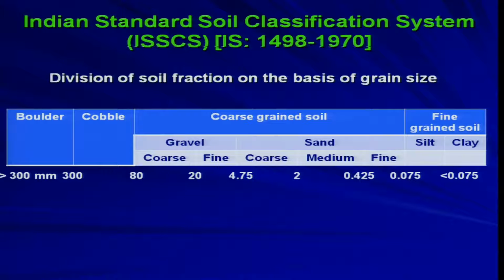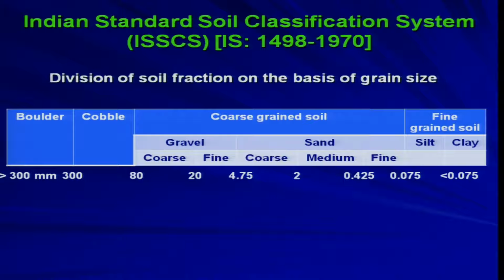Similarly, sand will be classified in three categories: coarse sand, medium sand and fine sand. Coarse sand falls within 2 and 4.75 millimeter, medium sand falls between 0.425 millimeter and 2 millimeter, whereas fine sand falls between 0.425 millimeter, that is 425 micron, and 0.075 millimeter, that is 75 micron.